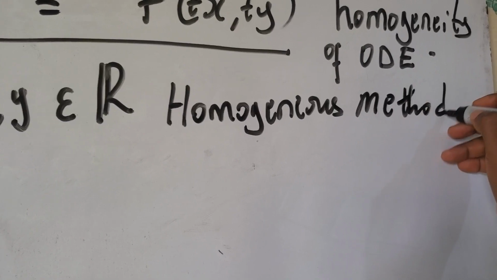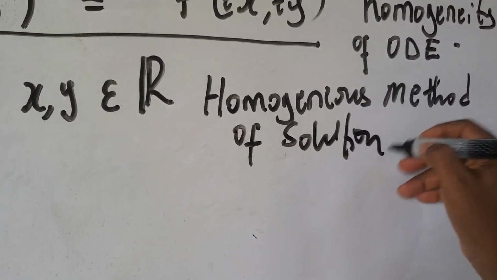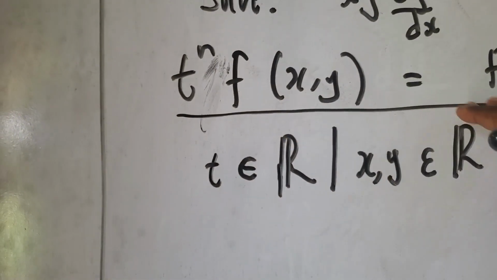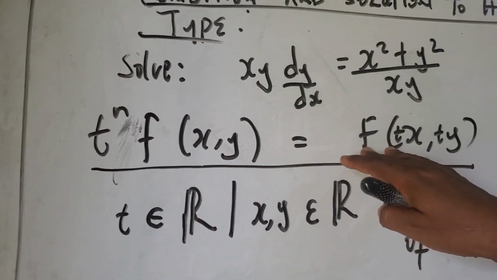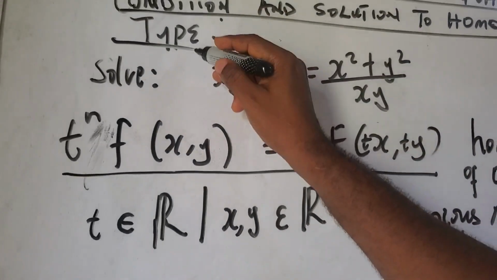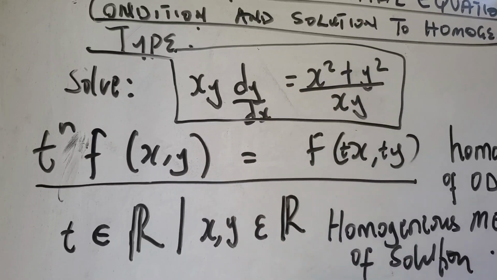How do we do that? This particular condition is what we are going to test on this question. And if this condition is satisfied, then we can use what is called homogeneous method to solve this particular problem.